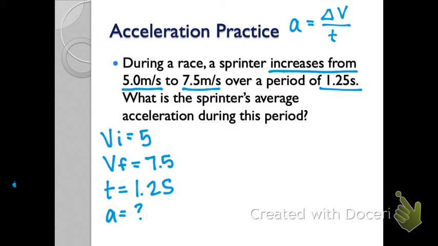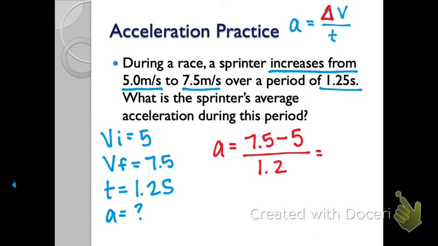So let's go ahead and plug in what we have here. Remind me one more time, what does this delta mean? Change in. Or another way to say it is final minus initial. So when I go to plug in my acceleration, I will take my final velocity minus my initial velocity over my time. Okay, final minus initial over t.